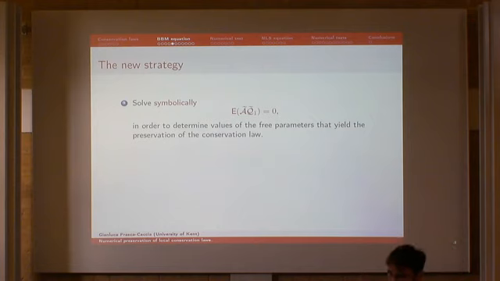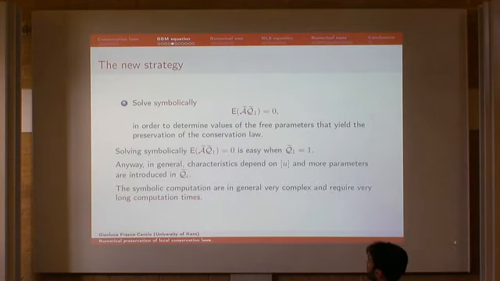We need to solve this symbolically. This is quite easy in this case because Q1 is just 1, but in general, the characteristic depends on u and on the derivatives. So there are more parameters that will come from the discretization of Q. Here we don't have any parameters just because it's 1, but in the other ones we will have more free parameters that are going to multiply each other here inside.